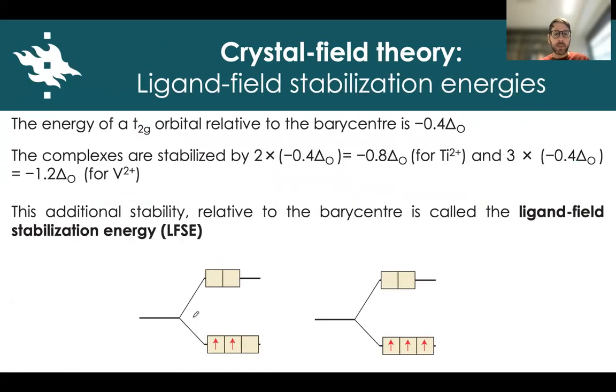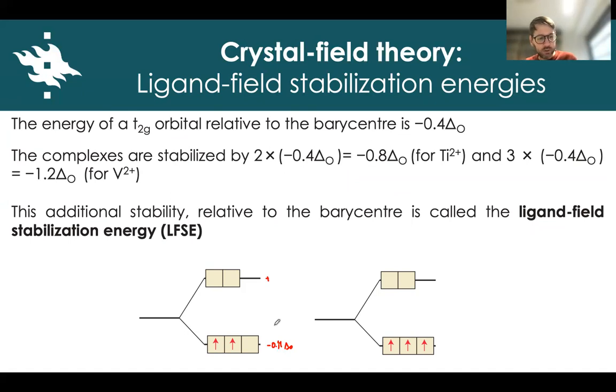Here, remember, the energy of the T2g orbital relative to the barycenter is minus 0.4 times the ligand field splitting parameter, while the energy here is plus. Yeah, let's just focus on this now.